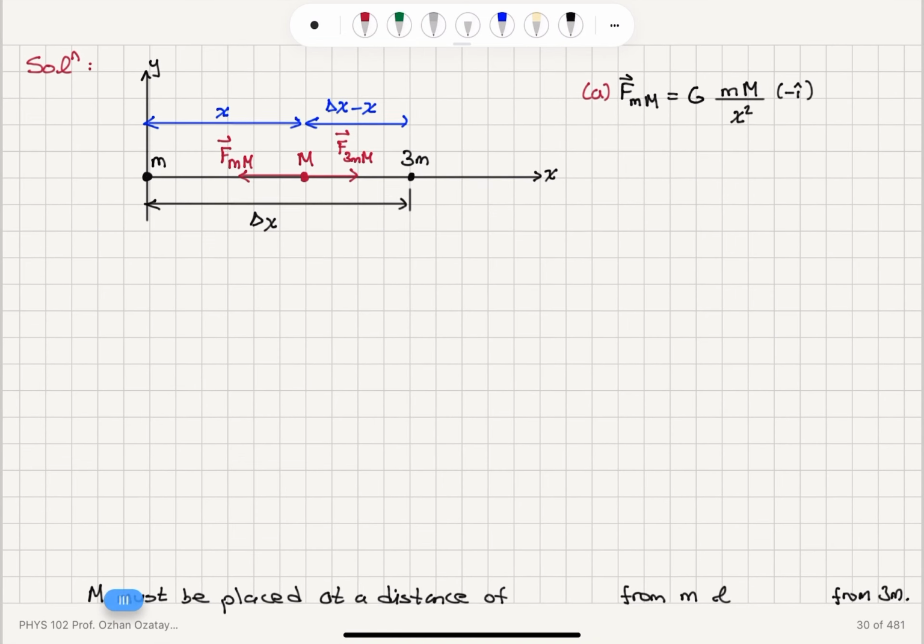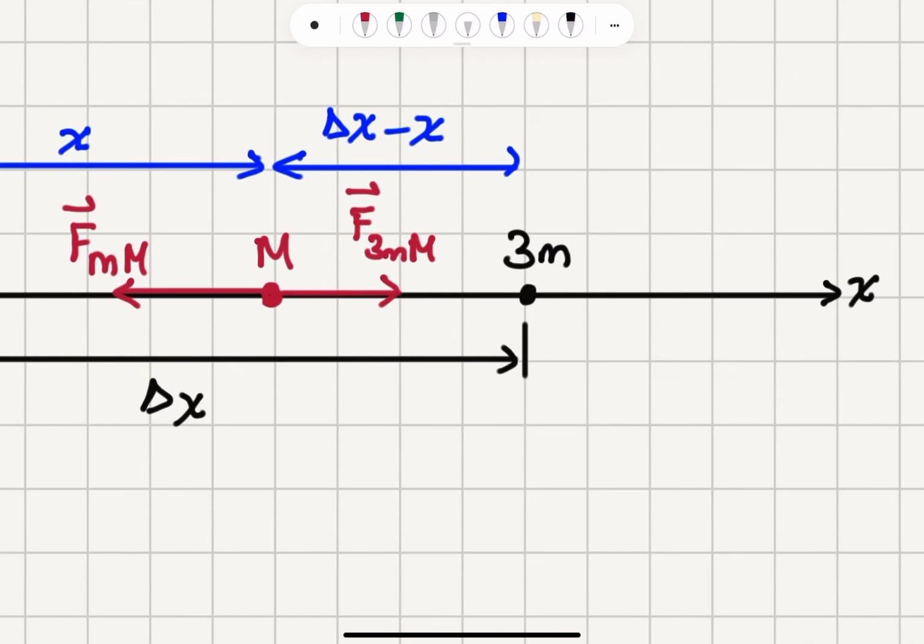It's an attractive force. The force applied by 3m on capital M is G 3m capital M divided by delta x minus x squared. That's the distance between them. And it is in plus i hat direction. Once again, this is also an attractive force.